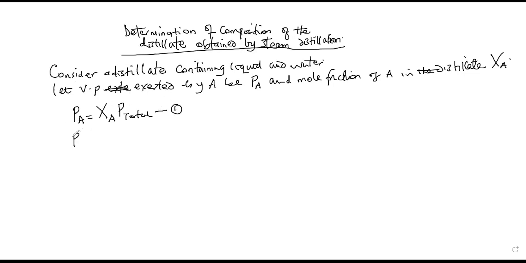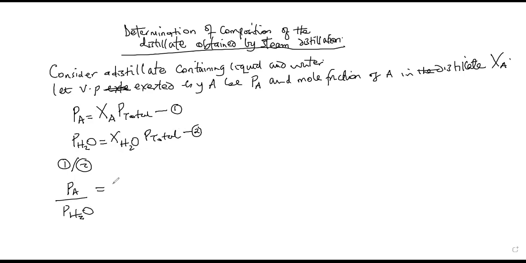And for water, it is the mole fraction of water times the P total. If we get equation 1 and divide it by 2, we have PA over P water equals XA over X water, because the P totals cancel.